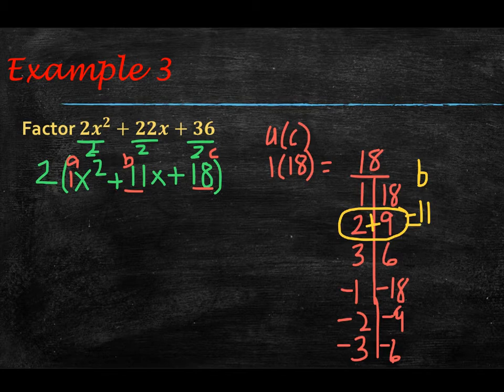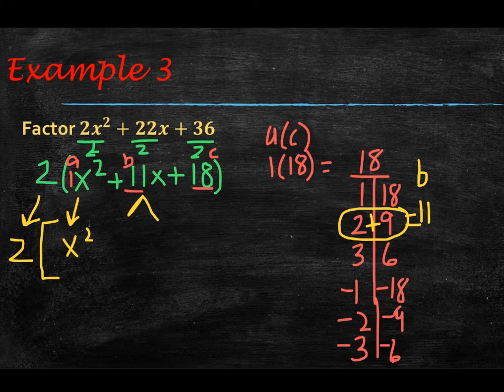Now, when you start to factor that, you want to make sure that you keep that factor of 2 on the outside. So here's what I'm going to do. I'm going to leave my 2 on the outside and I'm going to put a bracket, because it gets a little crazy having a lot of parentheses. Now we're going to bring down that first term, the x squared, but then now we're going to split the middle term into our two factors that we found over here.